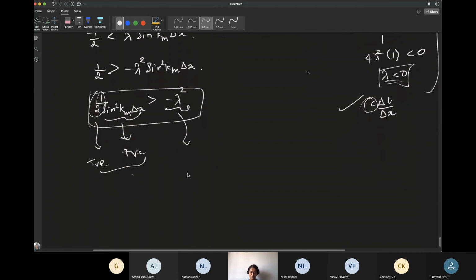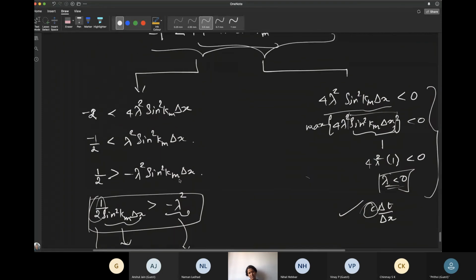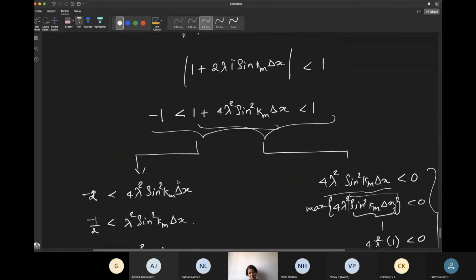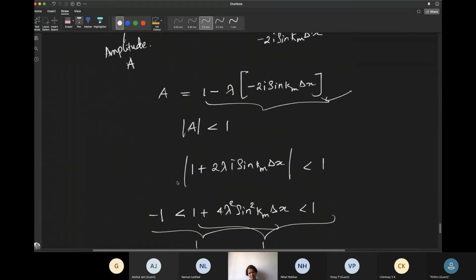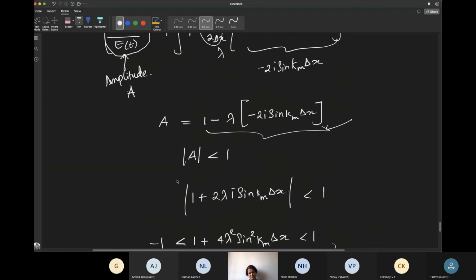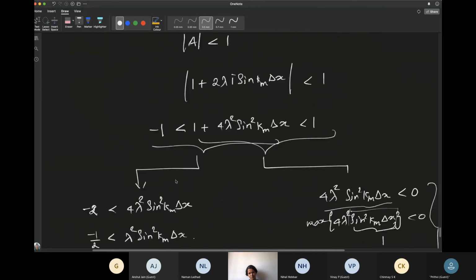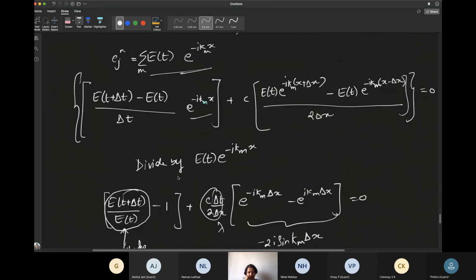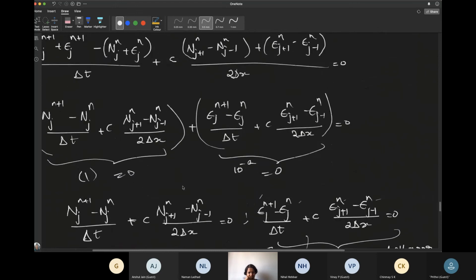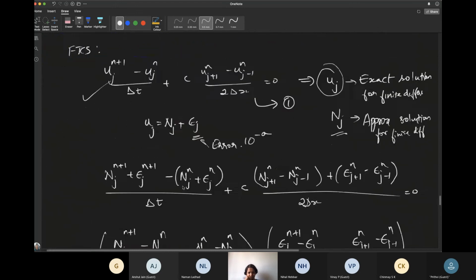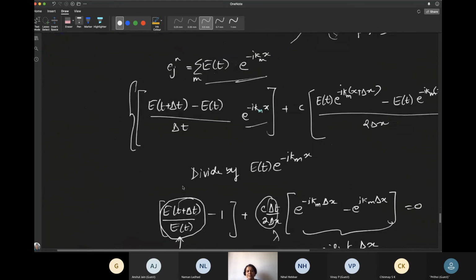But this is always going to be greater than minus lambda squared only. So this is FTCS, right? We have done it for FTCS.